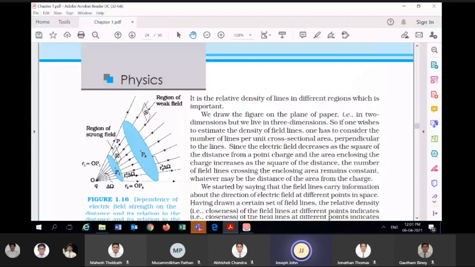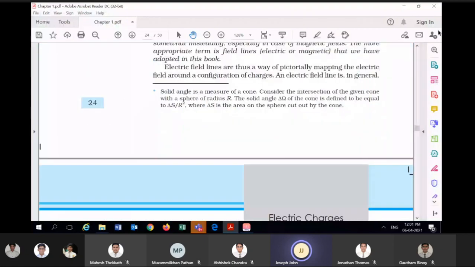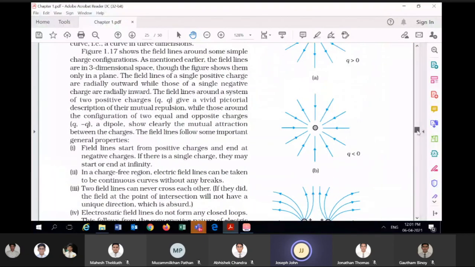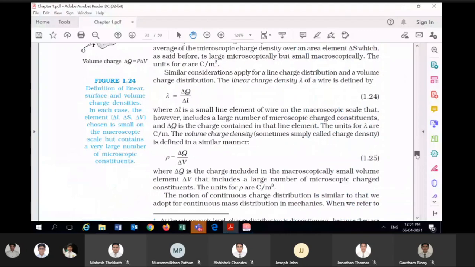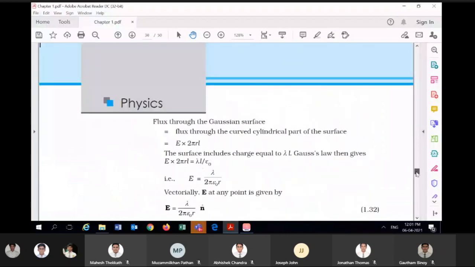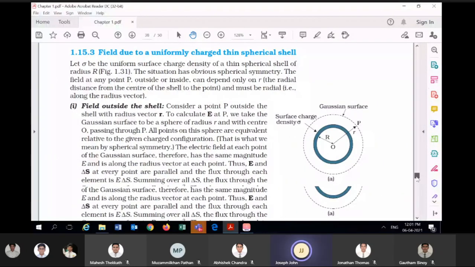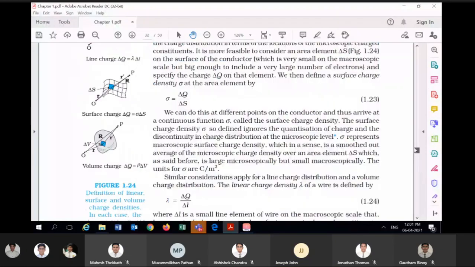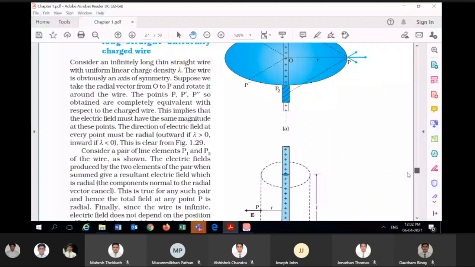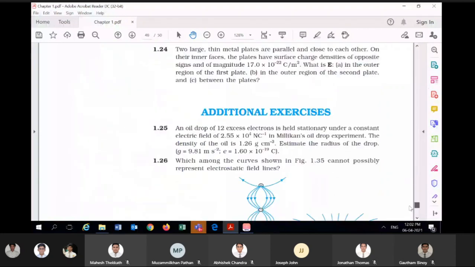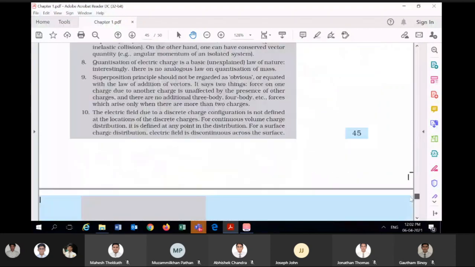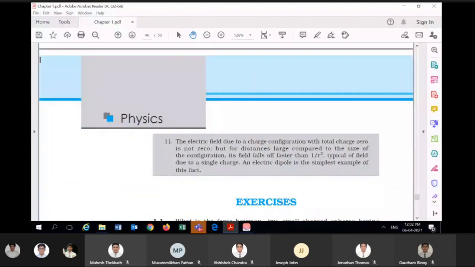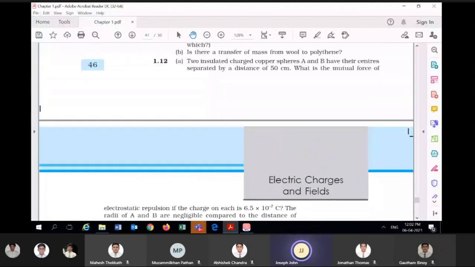All of you write exercises, page number 46.